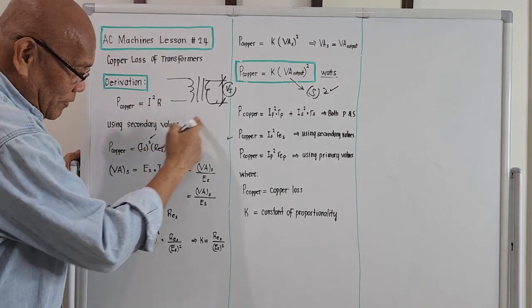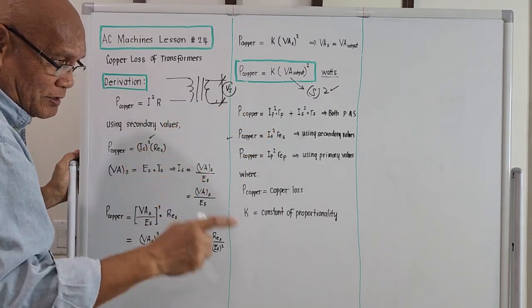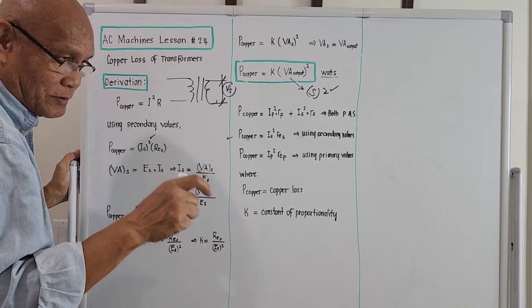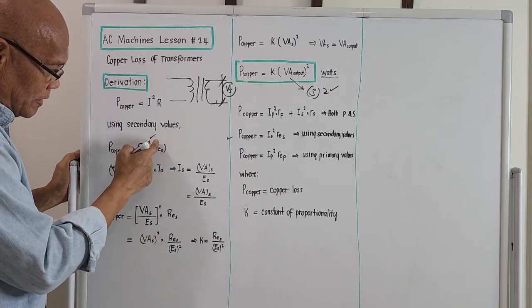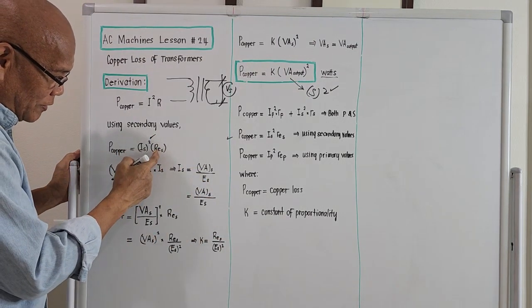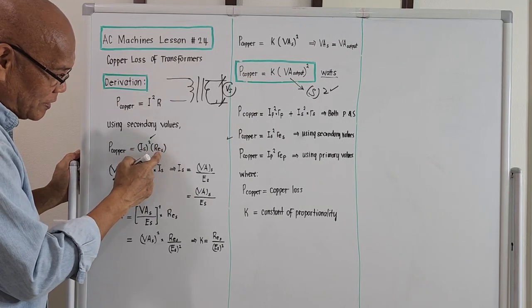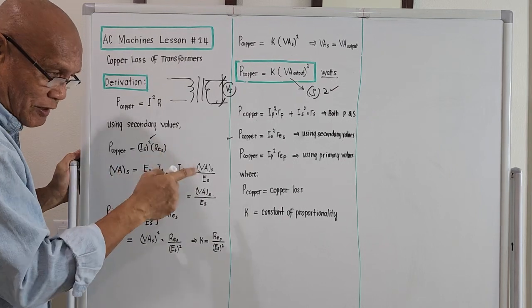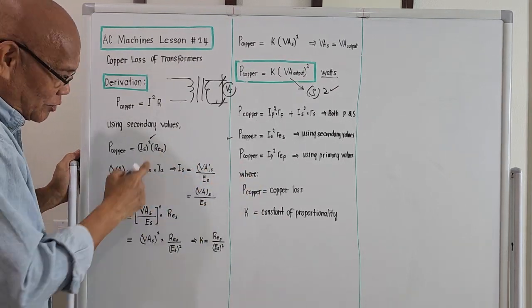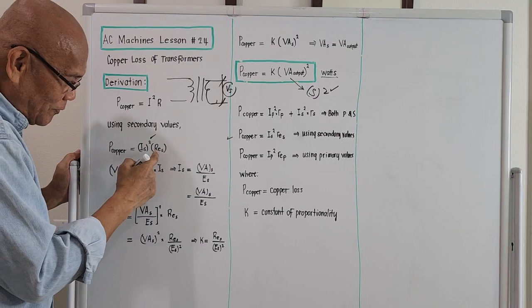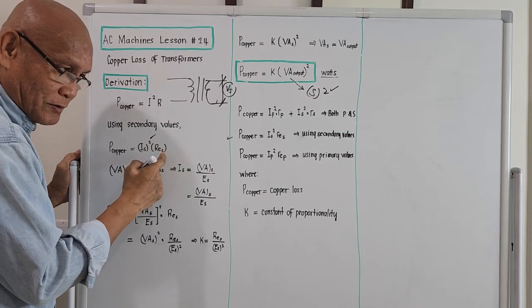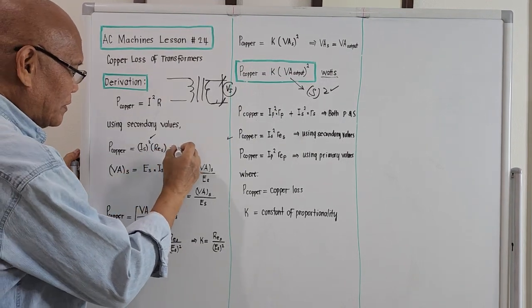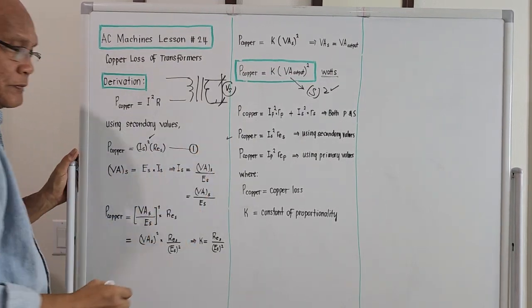If we are using the secondary values, the resistance that we will be using will be the equivalent resistance referred to the secondary. So this should be R with the subscript E, again with the subscript S, where subscript E is equivalent and subscript S refers to the secondary. So R_ES is the equivalent resistance referred to the secondary. That will be equation number 1.